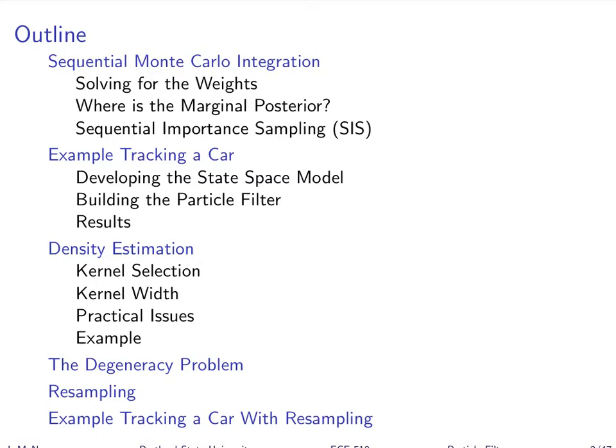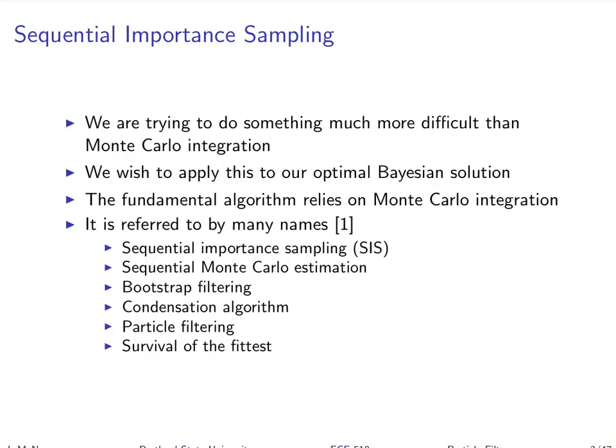Here's the overview. What we're really trying to do is a lot harder in a lot of respects than simply doing a Monte Carlo integral. We're trying to track a nonlinear, non-stationary system and do it in a way that's optimal, or at least approximately optimal, or I should say asymptotically optimal. The fundamental algorithm for what's sometimes called sequential importance sampling, you can probably understand at least the term importance sampling, because we had the importance density.